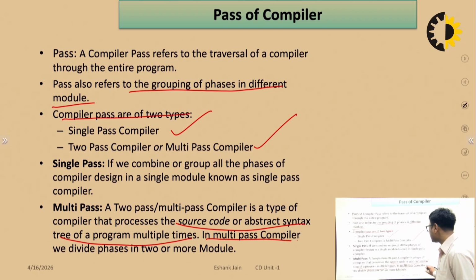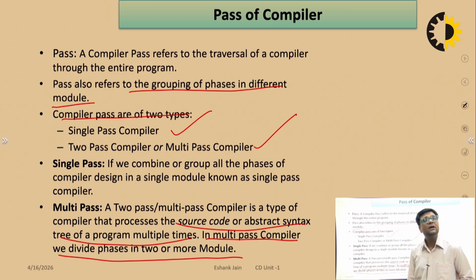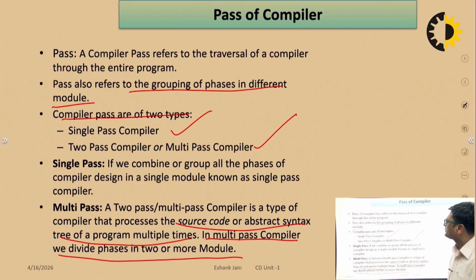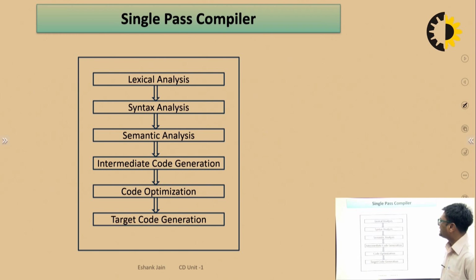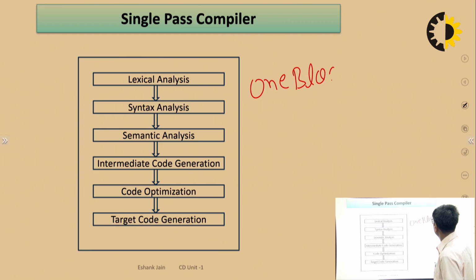In a multi-pass compiler, we divide the phases into two or more modules, in which the compilation process is divided into many phases or many modules. In a single pass compiler, we can see that the whole phases are in one block, that is known as a one pass compiler.